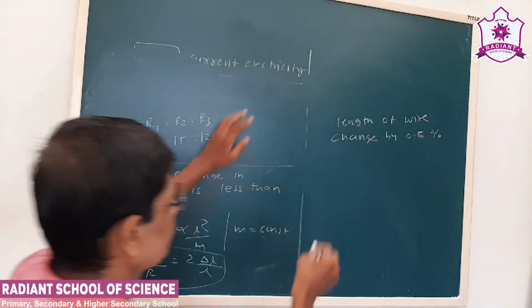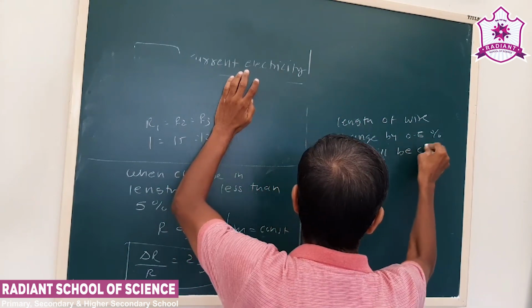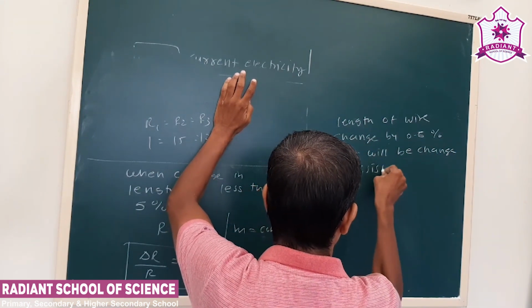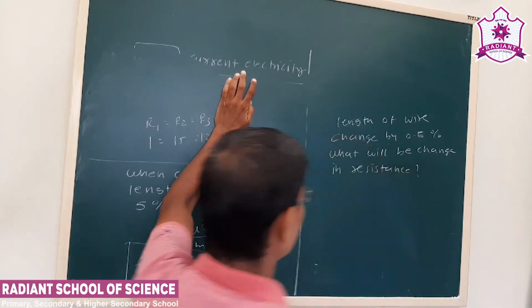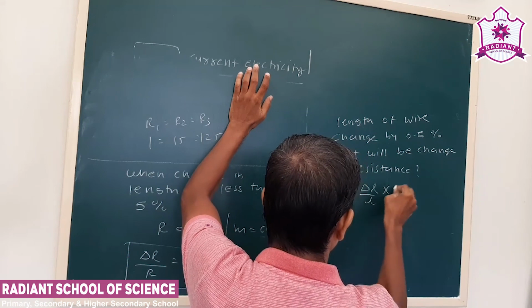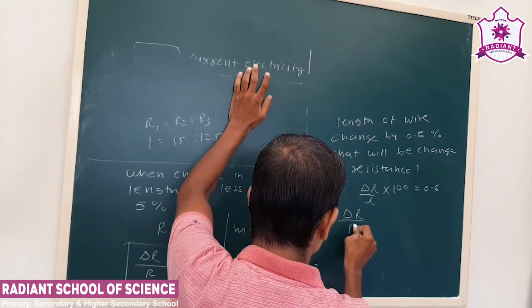What will be the change? So here the change is given as delta L by L. So delta R by R.